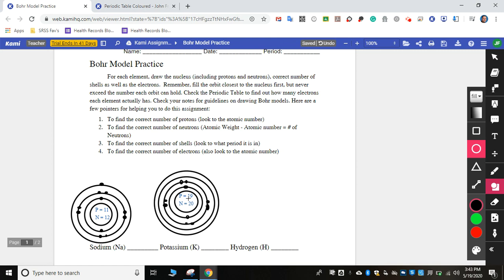Now you'll notice, and I didn't mention this in this video, but I have before, that the first shell gets 2, the next shell gets 8, the next shell gets 8. Part of the reason we don't go much beyond 4 is because the rules start to change. But there is 11, 12, 13, 14, 15, 16, 17, 18, and 19.